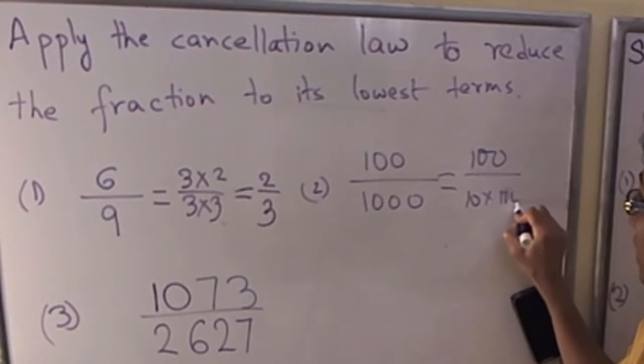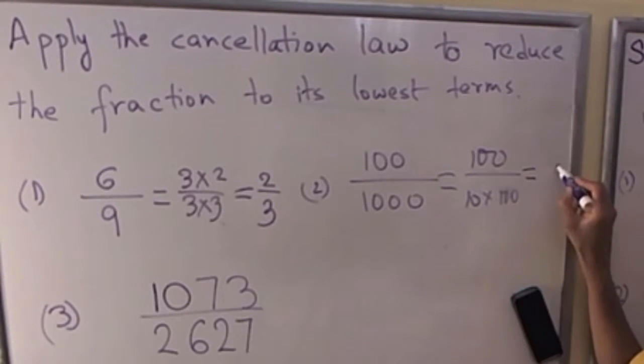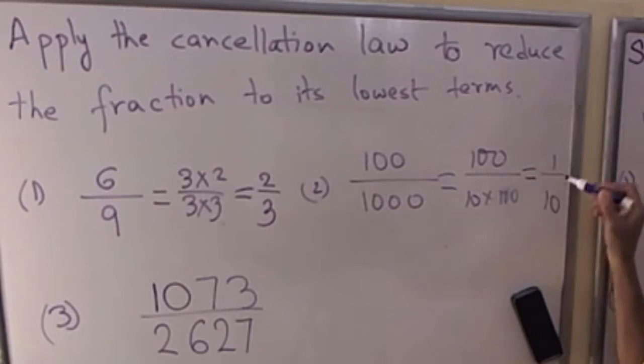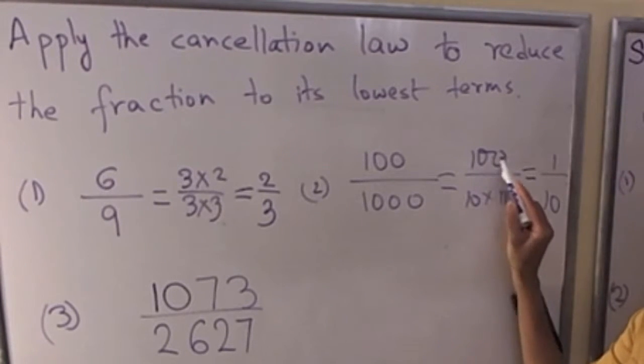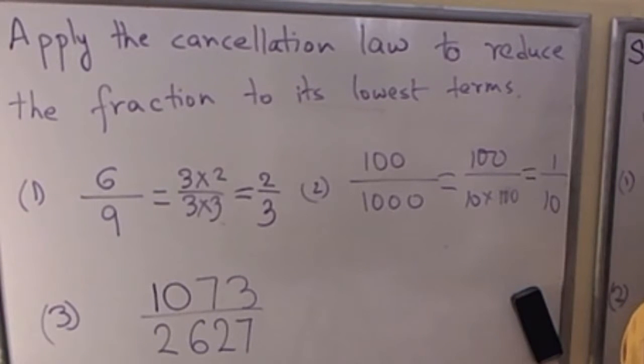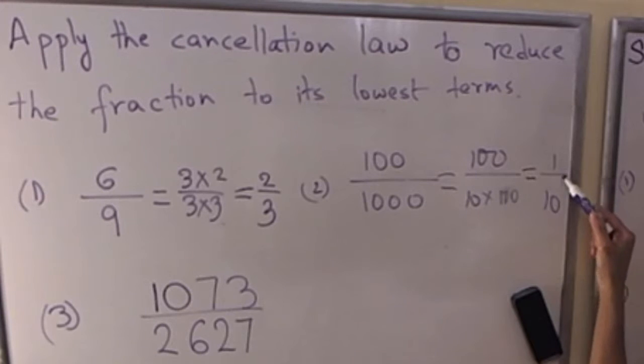So 100 is a common factor of numerator and denominator. When we cancel it, we get 1 over 10. Where do I get this 1 from? From viewing 100 as 1 times 100. That's where. So apply the cancellation law, then 100 over 1000 is the same as 1 over 10.